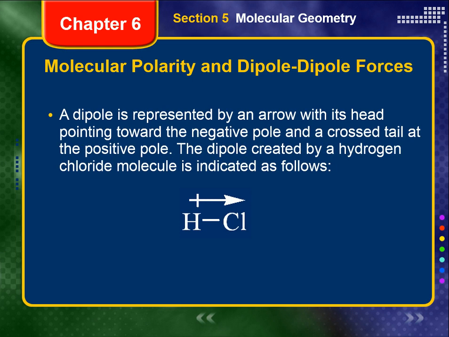A dipole is represented by an arrow with a head pointed towards the negative pole and a crossed tail situated at the positive pole. The dipole created by a hydrogen chloride molecule, which has a negative end at the more electronegative chlorine atom, is indicated on the screen now.